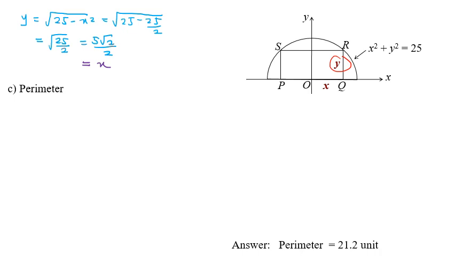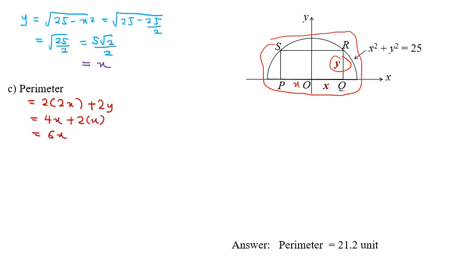so in general, without knowing x and y are equal, look at the diagram here. So this is the perimeter. So the perimeter should be 2 times 2x, because this is x, x. Okay, PQ is 2x, and then RS is also 2x, so 2 times 2x plus 2y, RQ and also PS, so 2 times y.